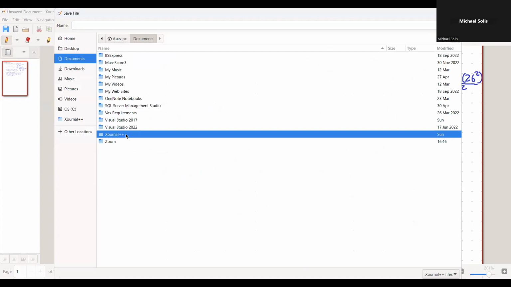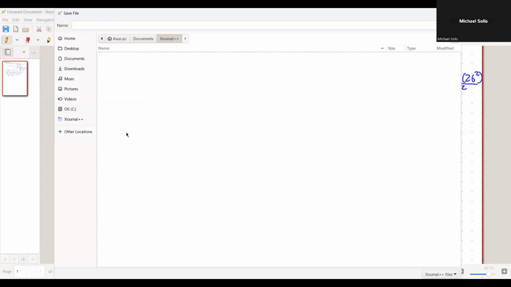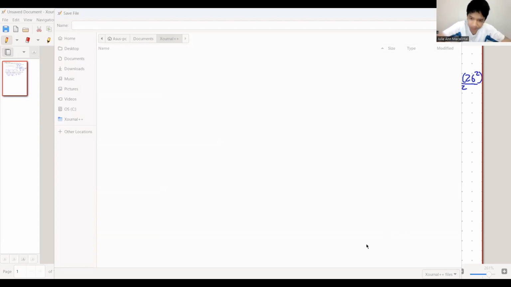Tapos yung date, gamitin mo yung date today. Teka, kailangan mo i-type yung name to save, di ba? Tama.